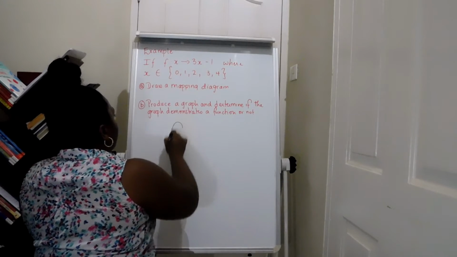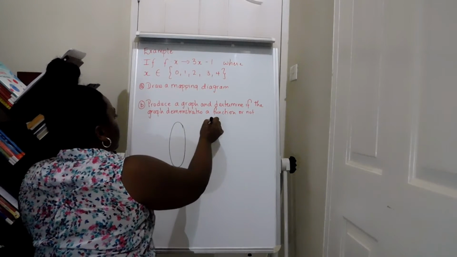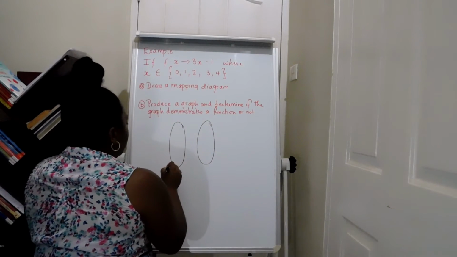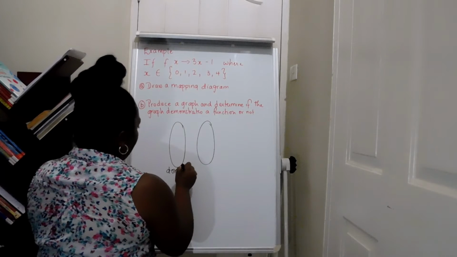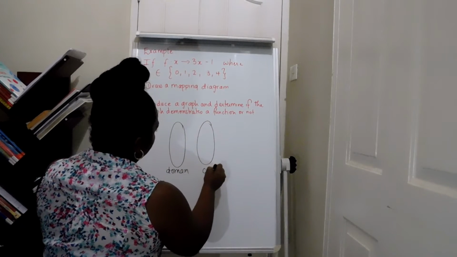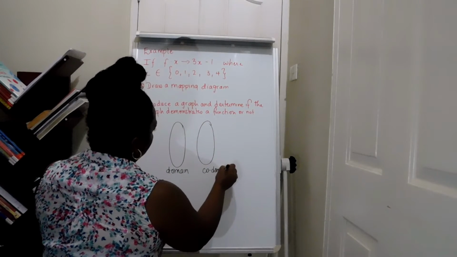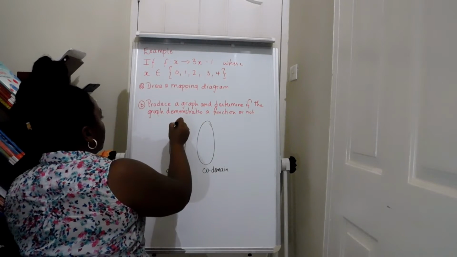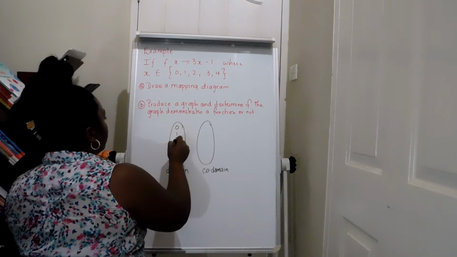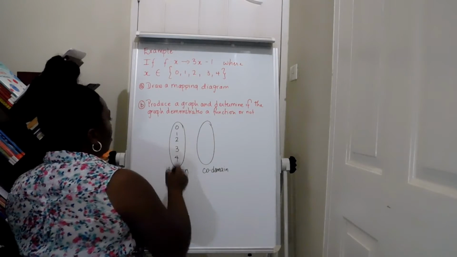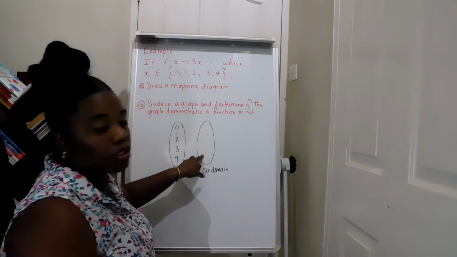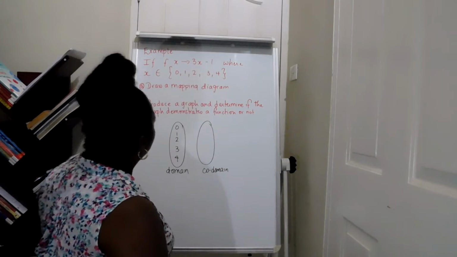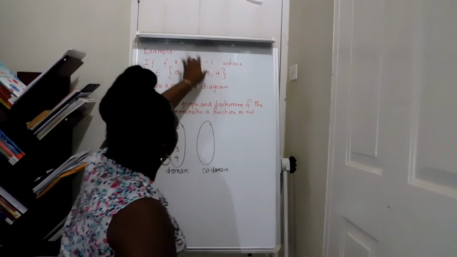So here we're going to draw the oval for the domain and the oval for the codomain. We could write the word domain here, and the word codomain here. Here we already have the elements 0, 1, 2, 3, and 4. Now we just need to put the images in here using this operation right here.